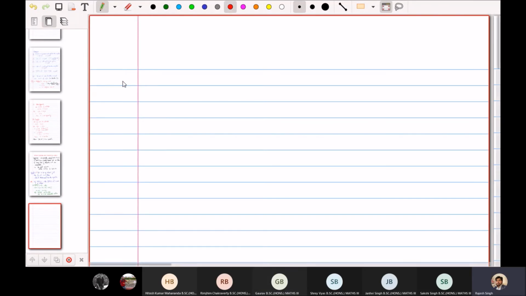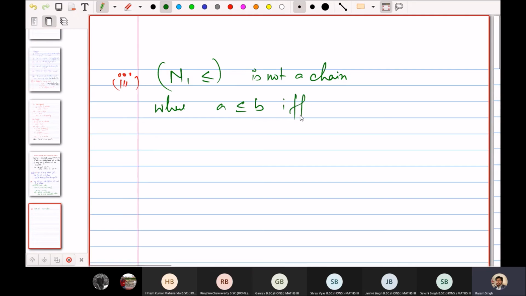Third example. N with less than equal to is not a chain where A is related to B if and only if A divides B. Okay.